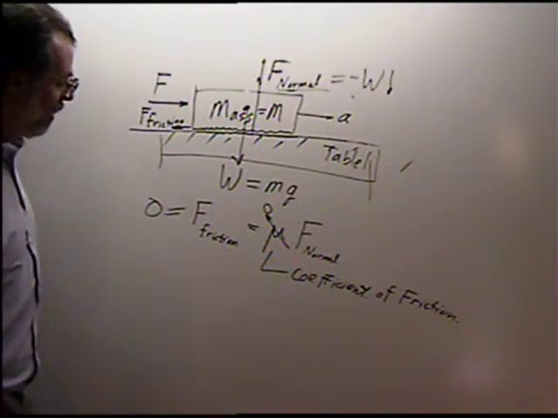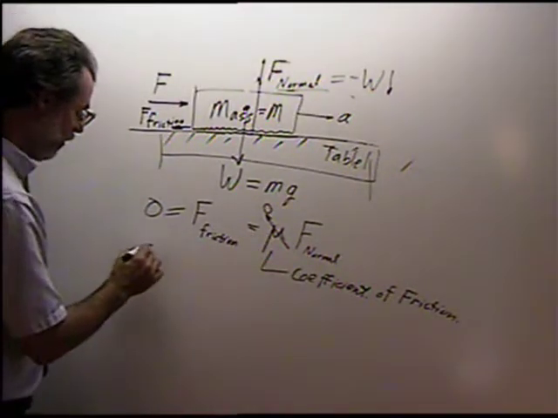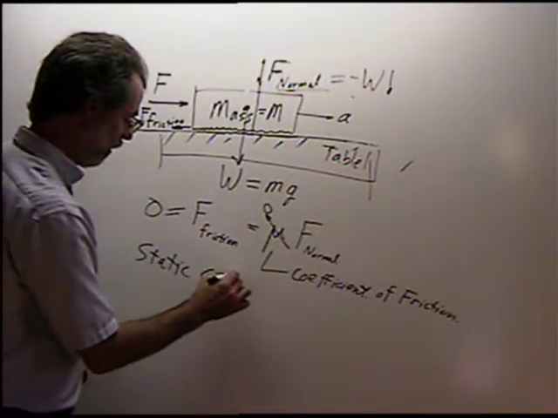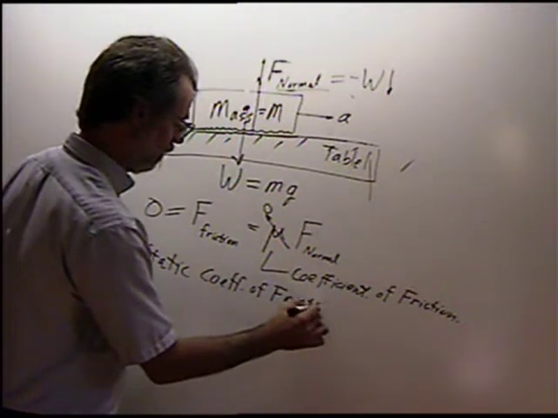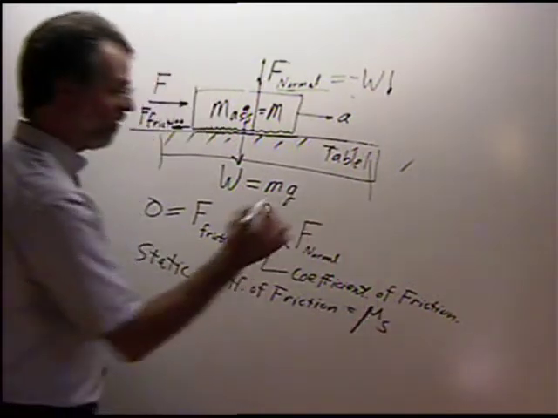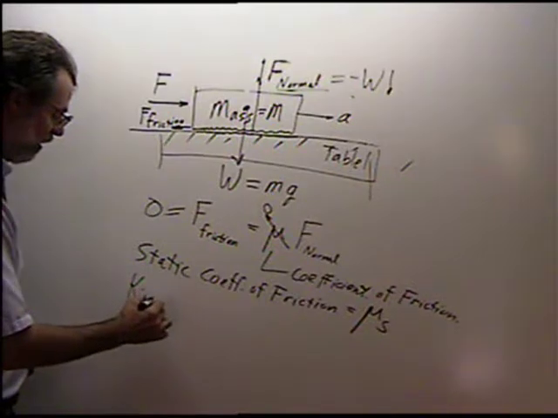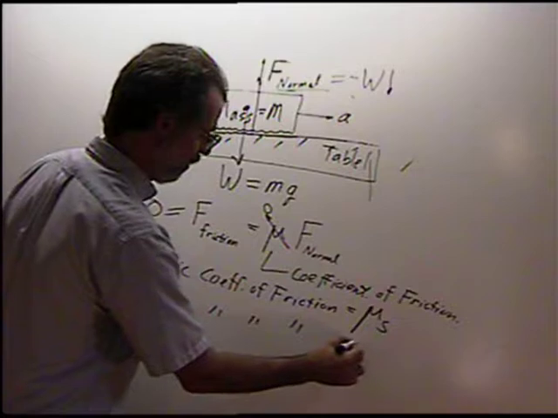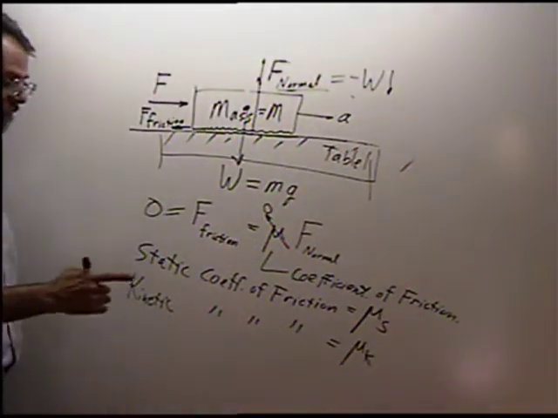Now there are two types of coefficient of friction. There's the static coefficient of friction, and we give this the symbol mu sub s for static. And then we have the kinetic coefficient of friction, given the symbol mu sub k for kinetic.